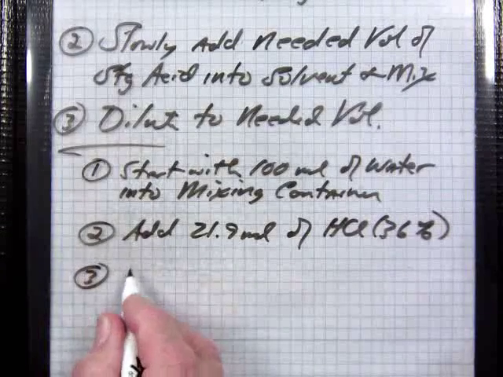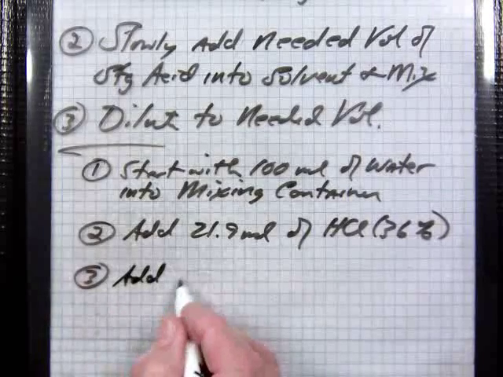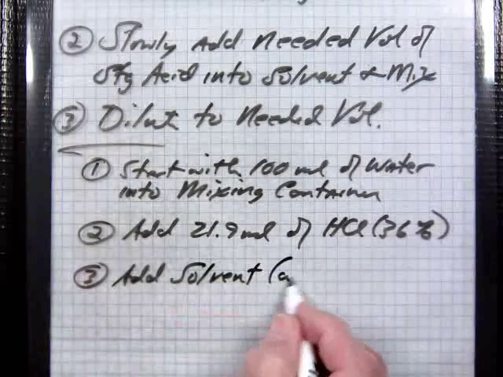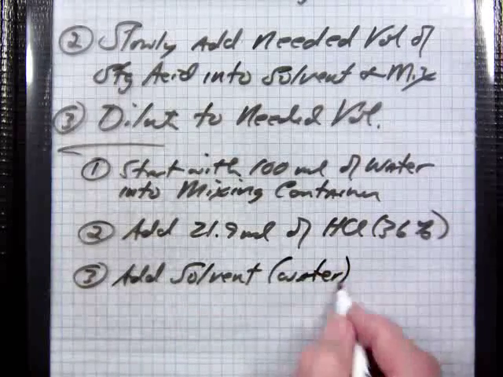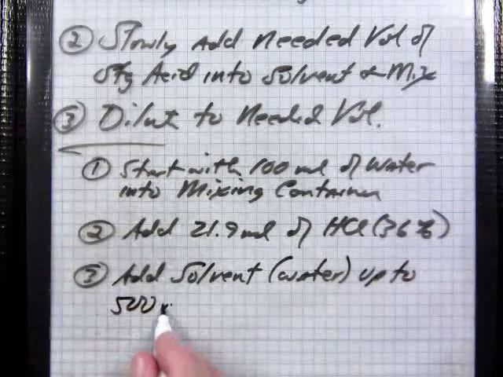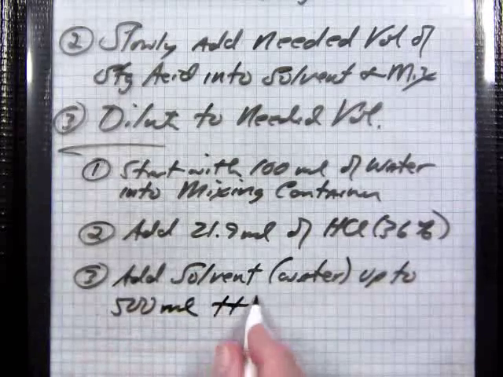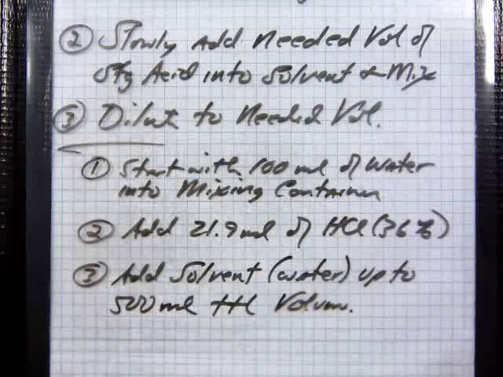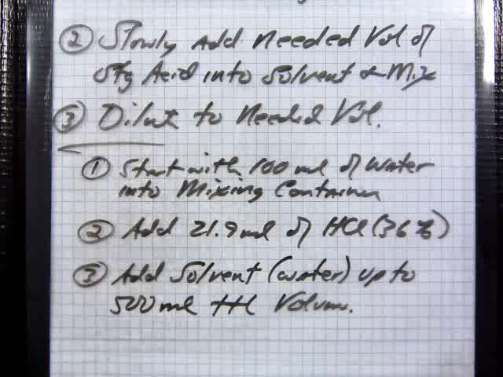And then three, add solvent, which of course is your water, up to 500 milliliter total volume. So that keeps you from blowing your head off. But if you put 22 mils of strong acid and start pouring water, it'll splatter back in your face, and that's a bad thing.